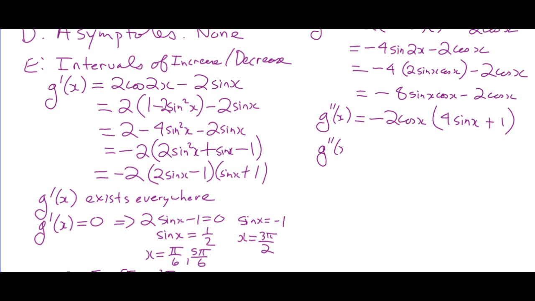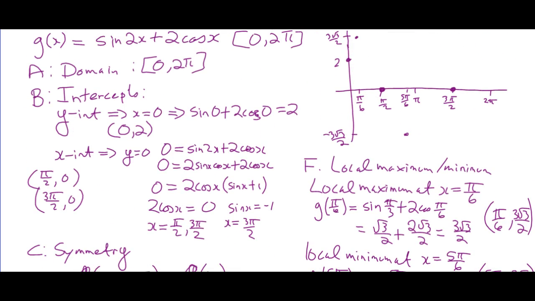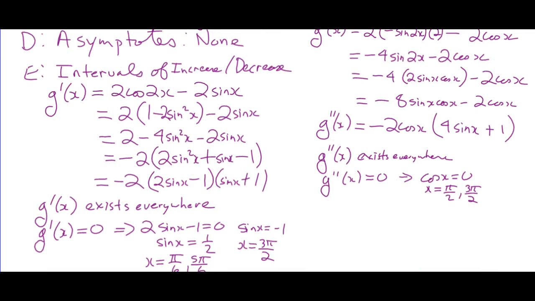Okay, so g double prime of x exists everywhere. And g double prime of x equals 0 means that cos x equals 0, so x is pi over 2 and 3 pi over 2. We already got those points. It'll be interesting to see what they are.